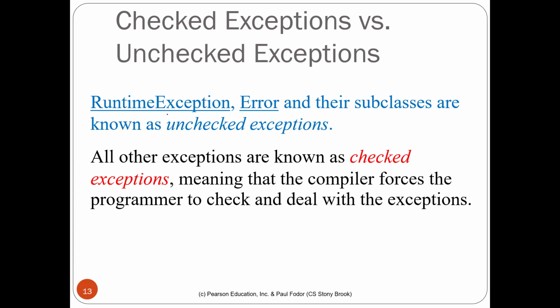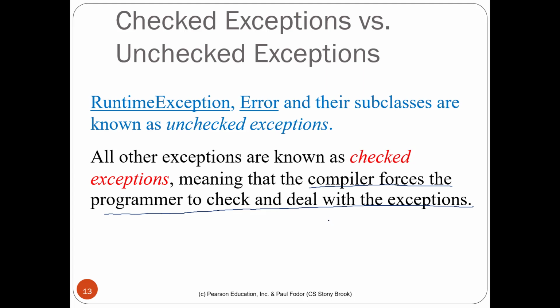Okay, so runtime exception, error, and their subclasses are known as unchecked exceptions, whereas all the other exceptions are known as checked exceptions, meaning that the compiler forces the programmer to check and deal with these exceptions, right? So if you don't do it, the compiler will raise an alarm, will give you an error that you did not check these exceptions.